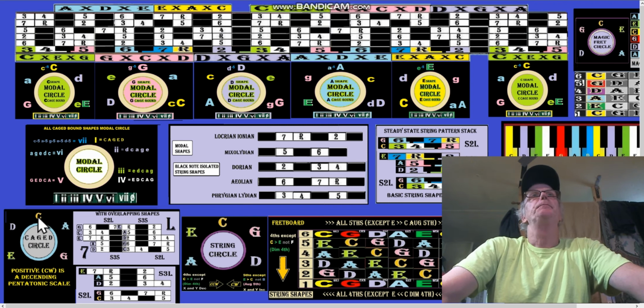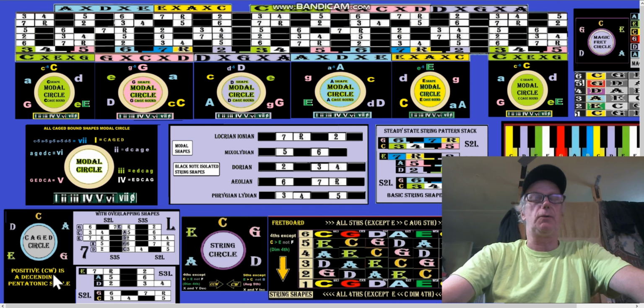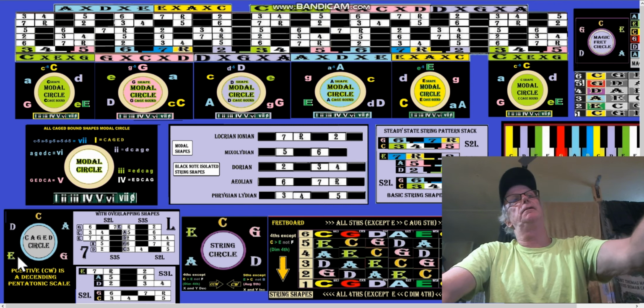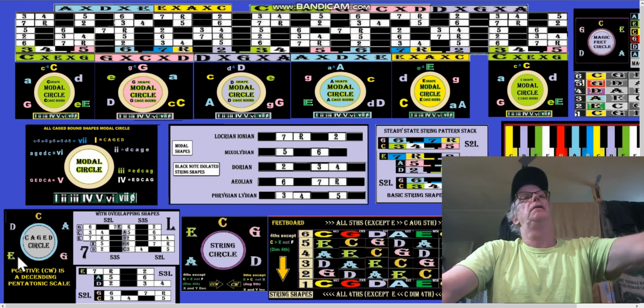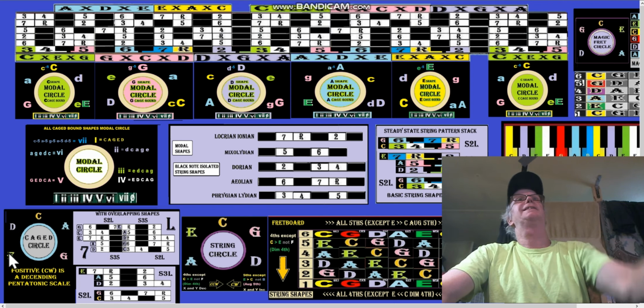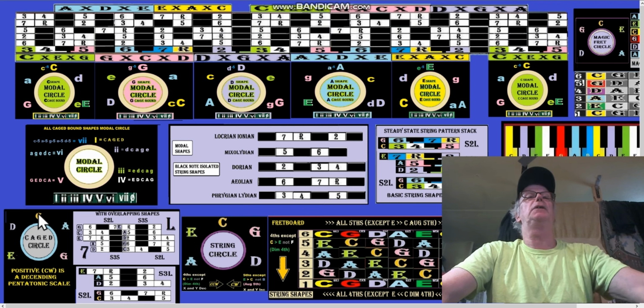Caged positive, which is clockwise, is a descending pentatonic scale: C, A, G, E, D. And then caged counterclockwise is an ascending pentatonic scale.